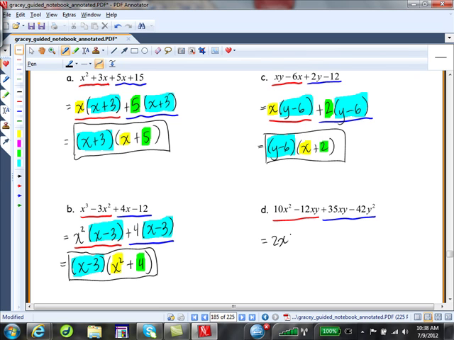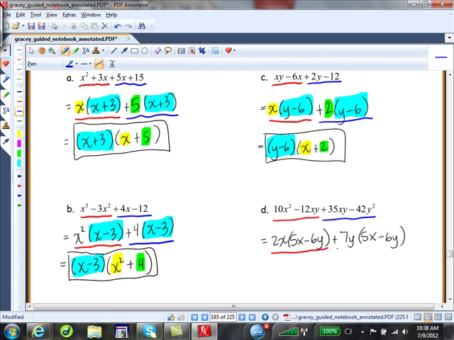And I'll be left with 5x minus, I think, 6y. That's my red group. And then my blue group. Good, we could factor out a 7y, and I'm left with 5x minus 6y.